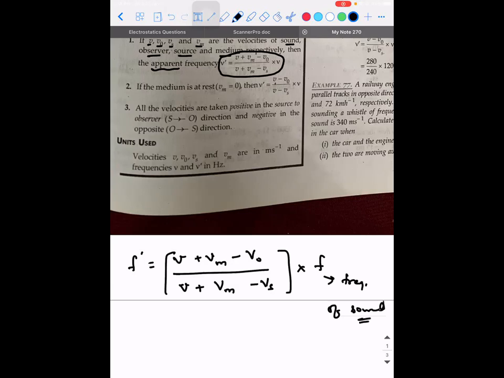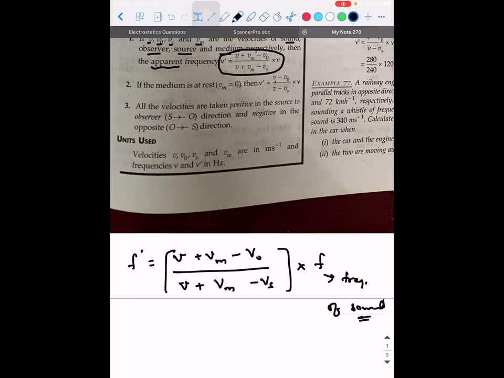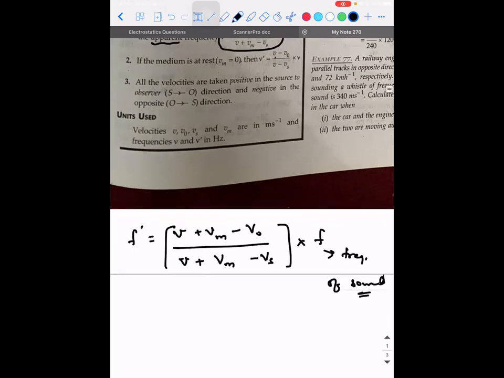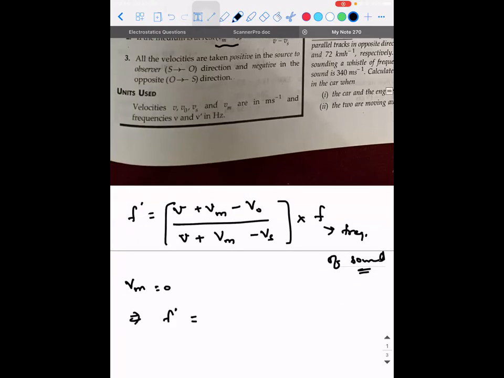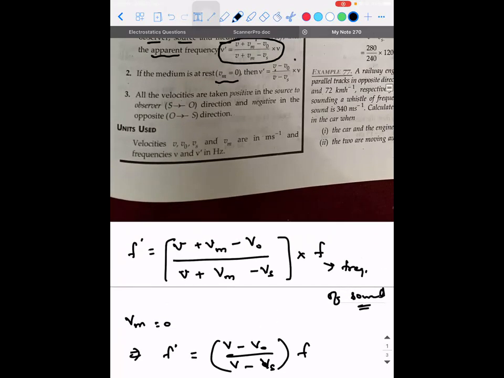Apparent means the changed value. Sometimes the medium is at rest, Vm equals 0, then f dash is given by V minus V naught divided by V minus Vs, multiplied by f.